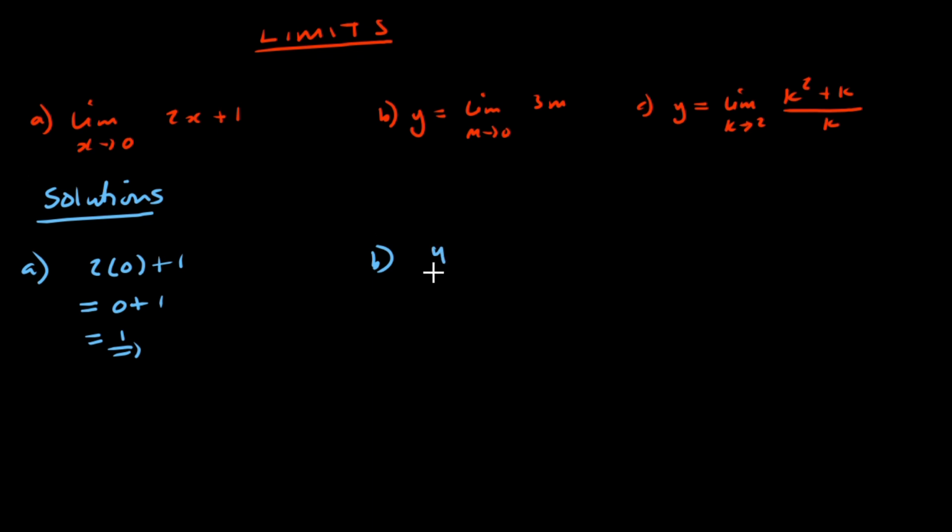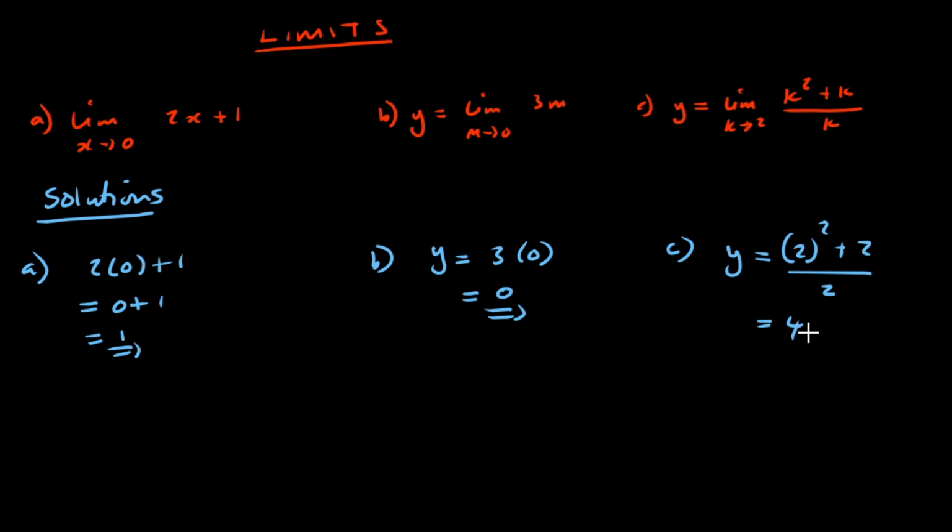So y is equal to 3 times 0, and it's 0. Okay, easy. C, as k goes to 2, we are just saying y is equal to, what do you do? According to what we just said, plug in 2, right? 2 squared plus 2 over 2. Yes, what do you get now? That's 4 plus 2 over 2, and that's equal to 6 over 2, which is equal to 3. Easy.